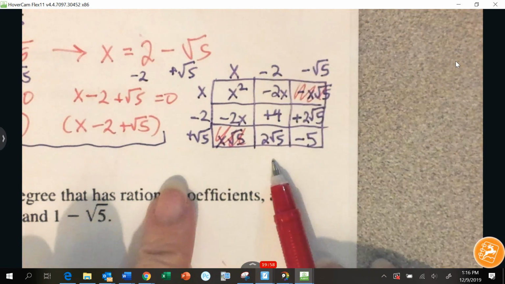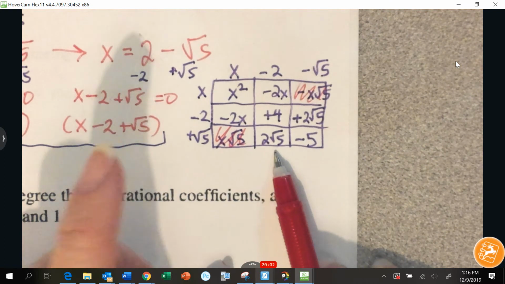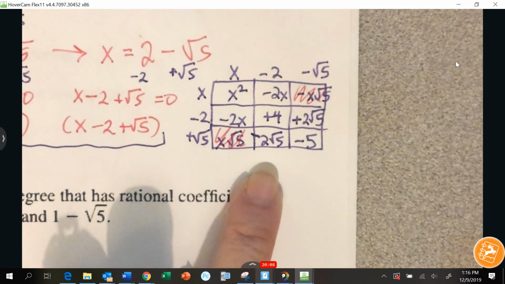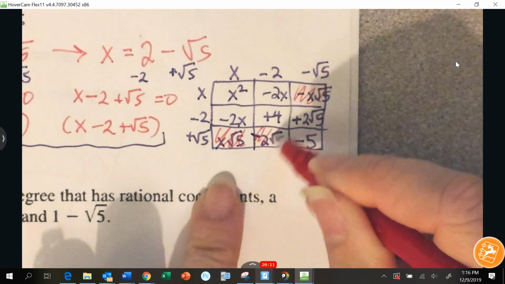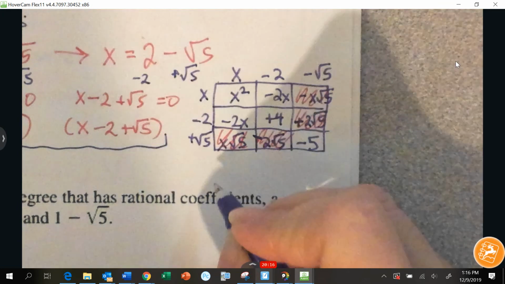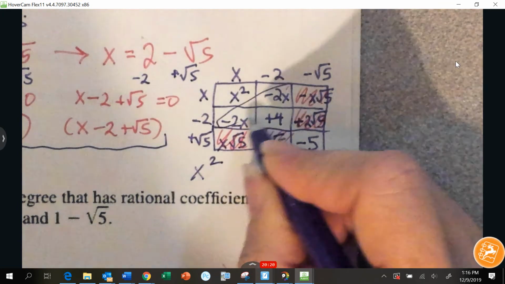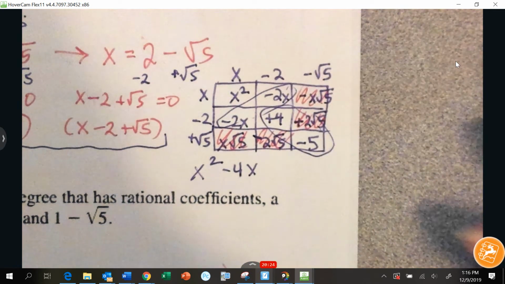What's like terms with 2 radical 5? Oh no, one of them should have a negative. My bad. It comes with negative 2 radical 5 and positive 2 radical 5, so they cancel each other out too. So we are left with x squared minus 4x, and we find some like terms this direction, minus 1.